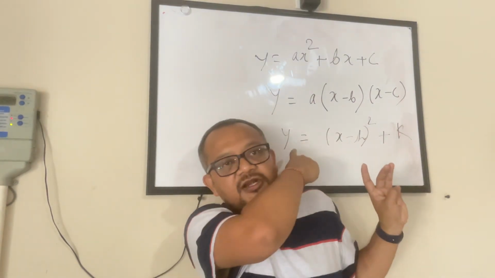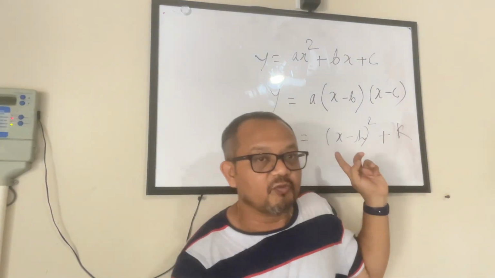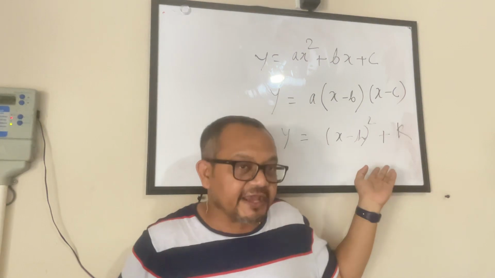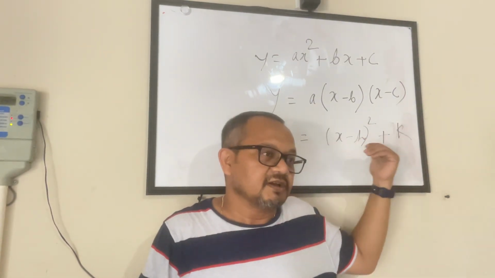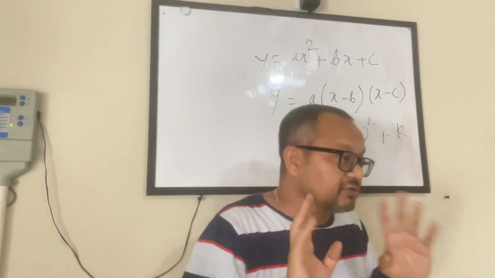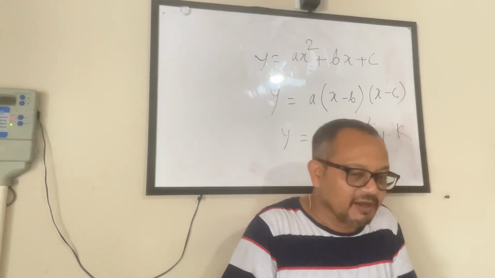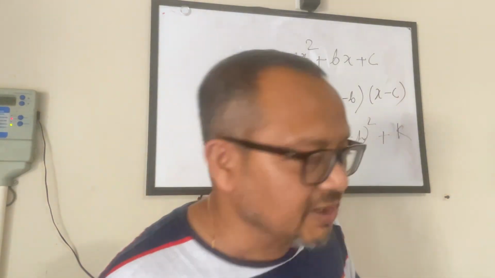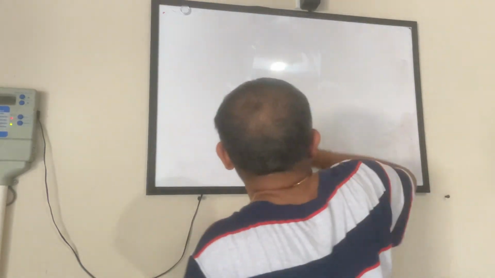And third is called the vertex form, where y equals x minus h squared plus k. And again, all these might be sounding like gibberish to you guys. It's okay, hold it for a little bit. It will become easy. They are all relatable. They all have some relationship with each other.